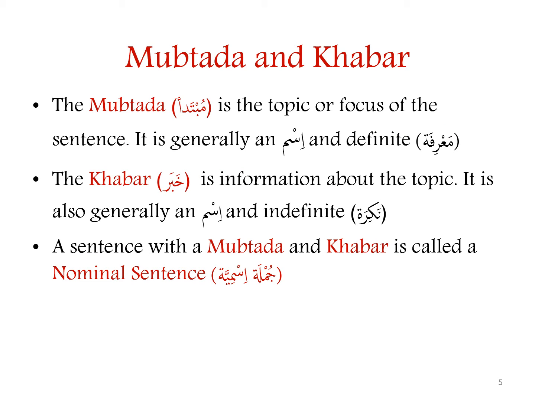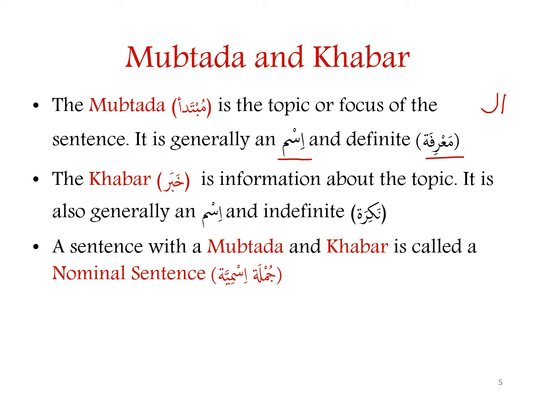So to sum up what we've just been speaking about, the mubtada is the topic or focus of the sentence, and it's generally an ism and definite, ma'rifah. Okay, so one way of making a noun definite would be the alif lam, as in the previous example.